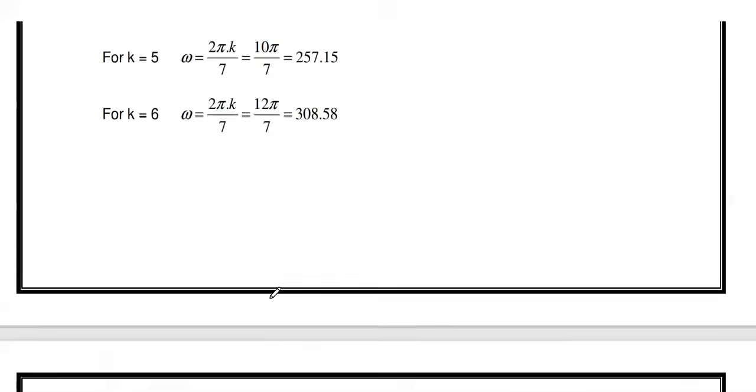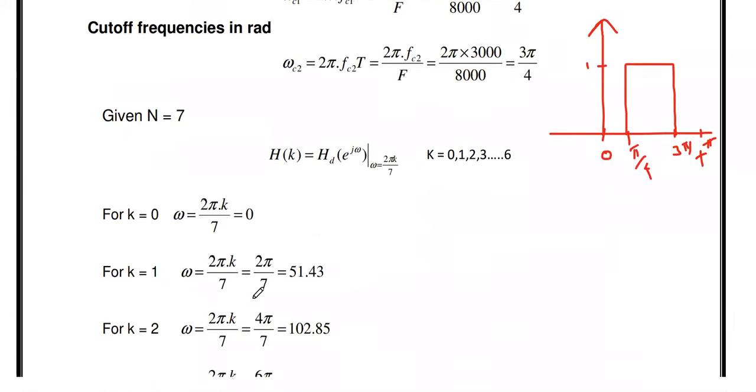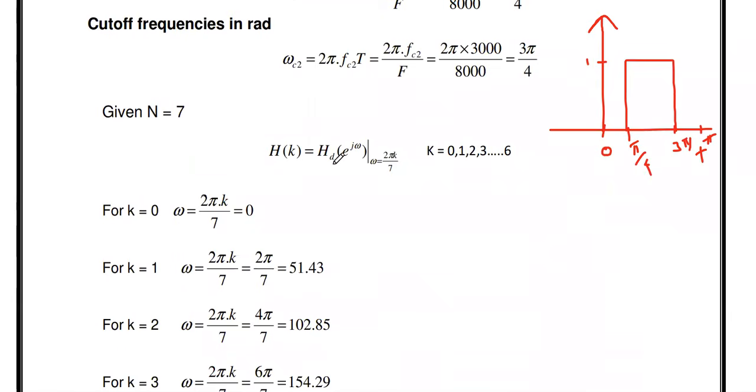To calculate the modulus, h of k is obtained by sampling HD of e power j omega at omega equal to 2 pi k by N. Here N is 7, for k between 0 and N minus 1, that is 0 to 6. In this interval we sample our frequency response, and that value we call h of k. This h of k we have to find.